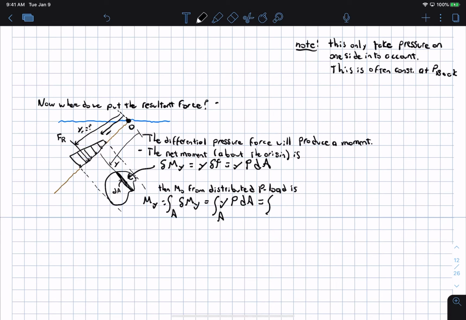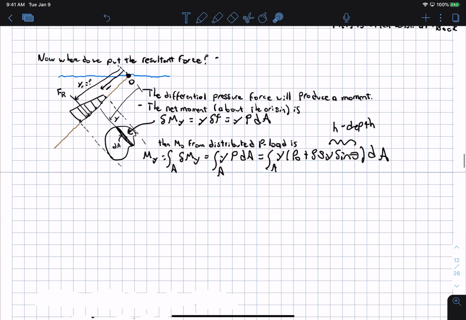So this equals the integral over the area of y times the atmospheric pressure plus rho g y sine theta, dA. And just recall that y sine theta is nothing more than h, which is the depth. Okay, but we have a y here and a y here, so we will leave that in terms of y rather than h. Okay, so we're going to start to work with this integral a little bit.